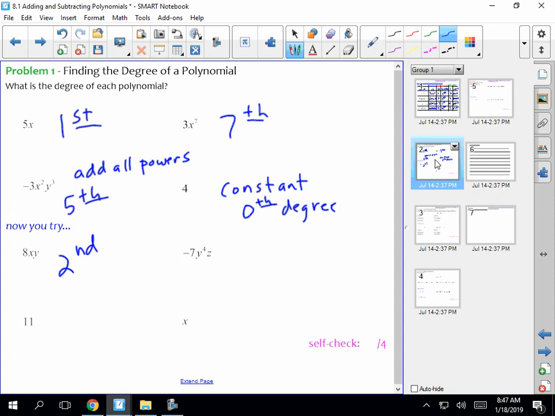And this one has a 4 on the y and a 1 on the z, so 5th. The added note to self is that when you have a monomial term, or even a polynomial, you look at whichever term has the largest sum of the exponents on the different variables, and that is your degree. We're not going to work with too many polynomials that aren't in one variable. Then you have your constant term there in your first degree.